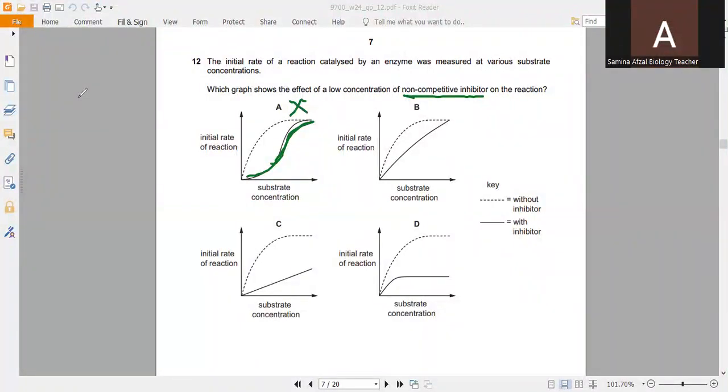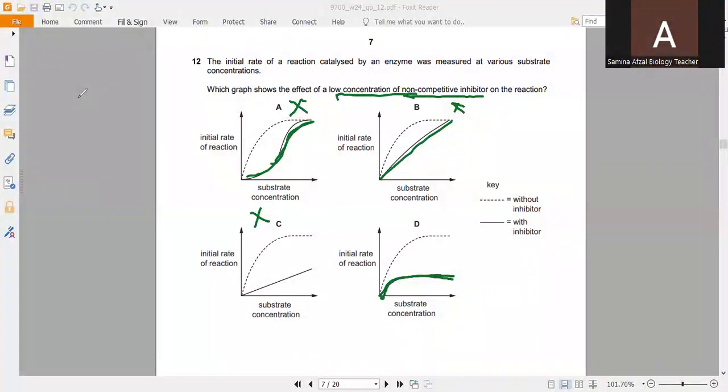Second, B, again the reaction is taking place. In C, the reaction is also taking place. But here you can see on D, a low concentration of non-competitive inhibitor. Low concentration means the reaction started, then after some time, it stopped.